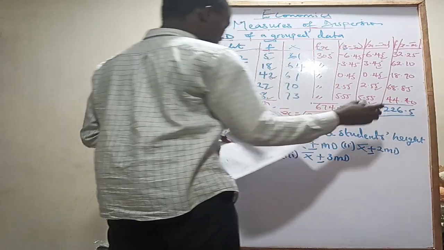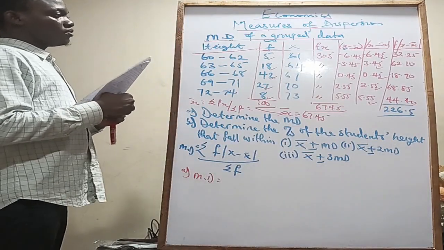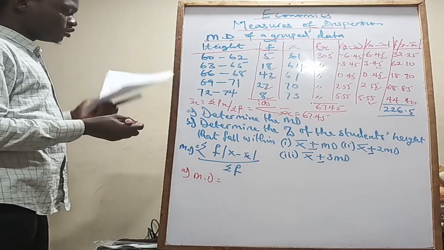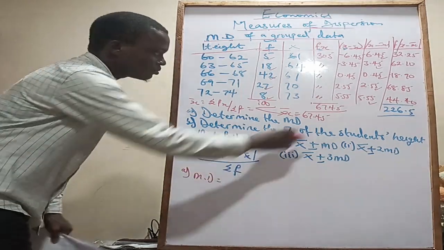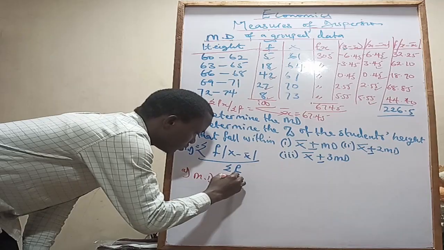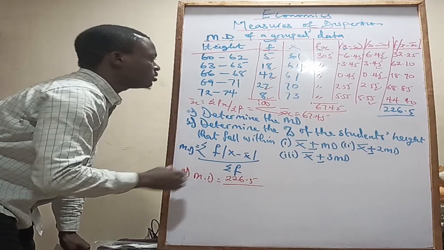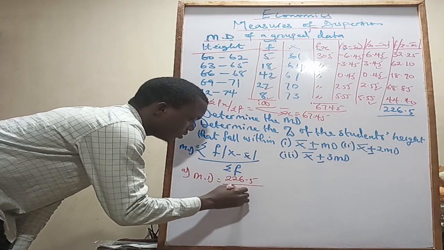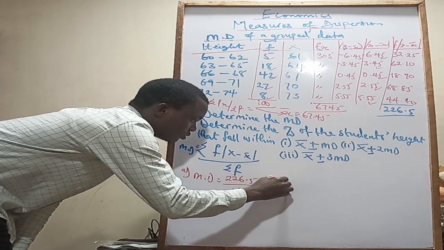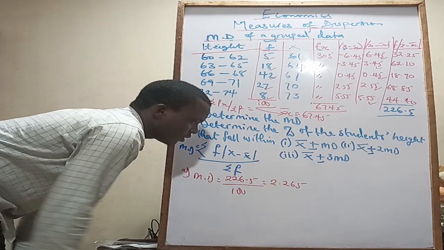226.5. So with that, we can get our mean deviation. Our mean deviation is going to be 226.5 divided by 100. That's going to give us 2.265.